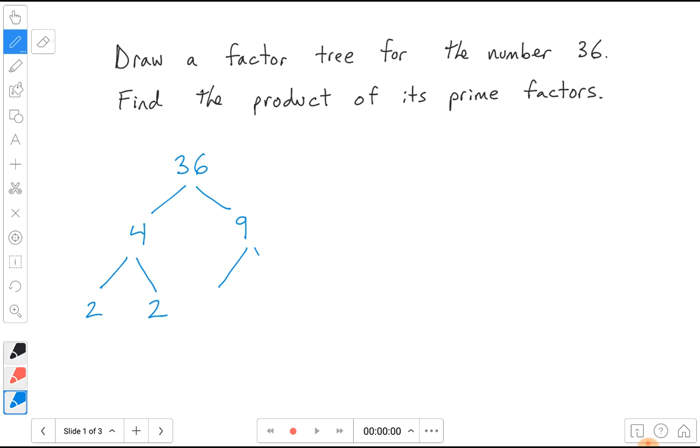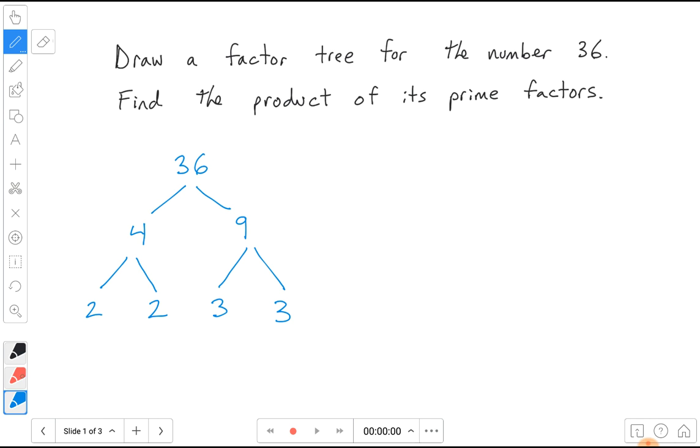And in the same way, over here for 9, we have to find two factors of 9. So they are 3 and 3. So we can't divide 2 by anything more, we can't divide 3 by anything more because these are all prime numbers. So what we have here is a tree, and this tree, once broken down, gives us the prime factors of the number 36.